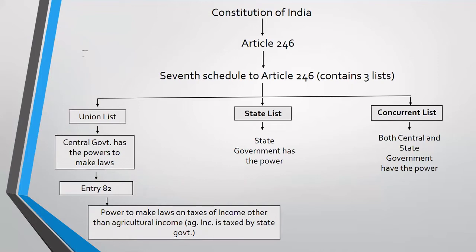However, not agricultural income, because agricultural income is taxed by the state government. So, in the Constitution of India, under Article 246, under the 7th schedule, under the union list, the central government has the powers to make laws on taxes of our income.